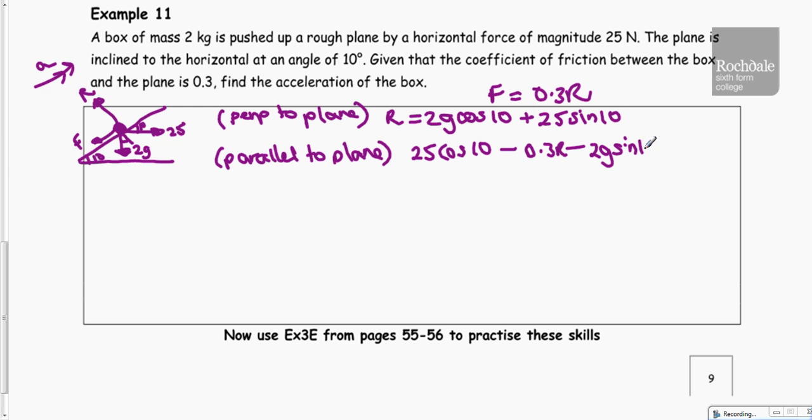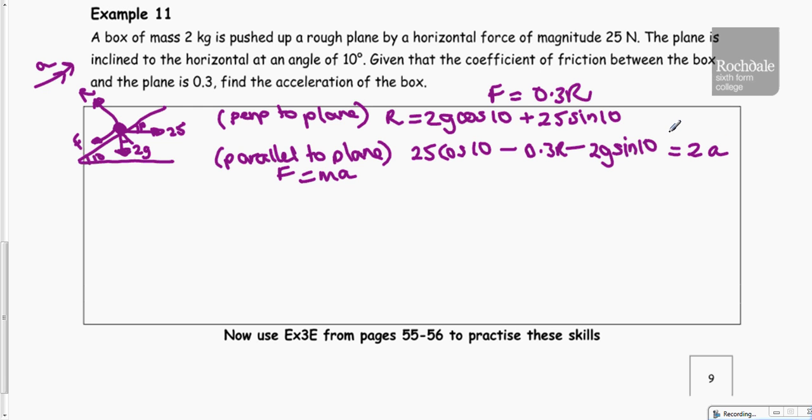So that's the resultant force up the plane, but we know it's moving in this direction, so we're going to be doing F equals ma. So F is the resultant force, 25 cos 10 is up the plane, 0.3 R and 2g sine 10 are acting down the plane, and that's equal to m, which is 2, multiplied by a.